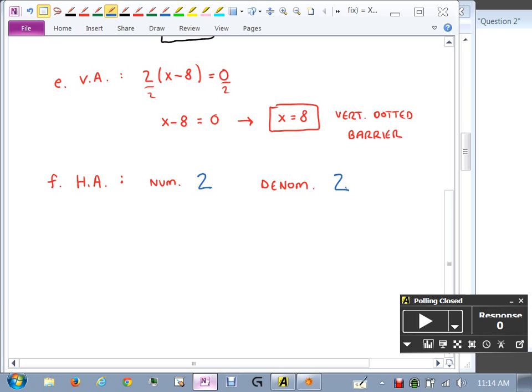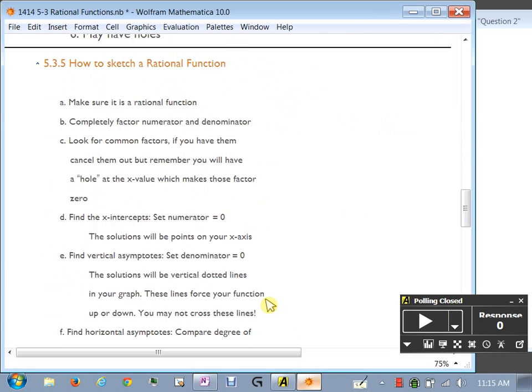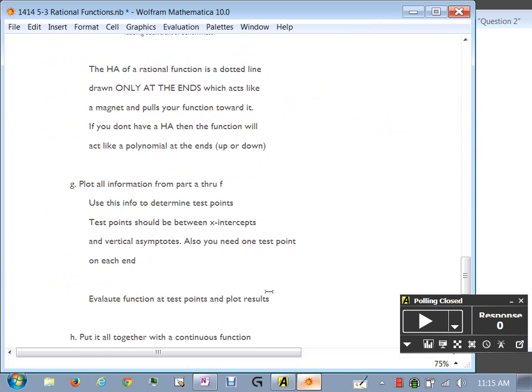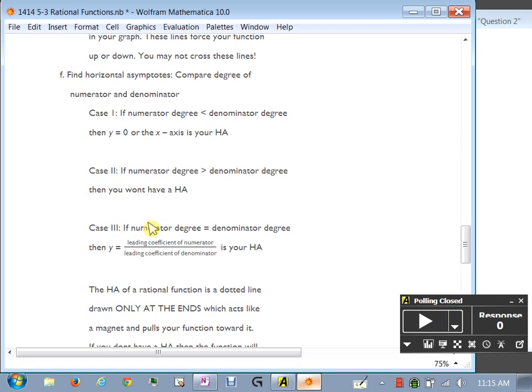Now, we didn't have this happen last class. What we had last class was the degree of the numerator was smaller than the denominator, all right? So I'm giving you a different scenario here because in our notes for horizontal asymptotes, remember that there are 3 cases.